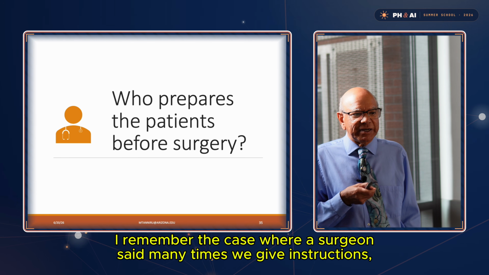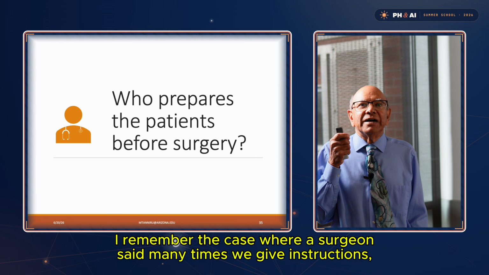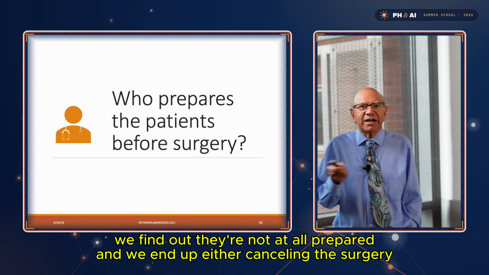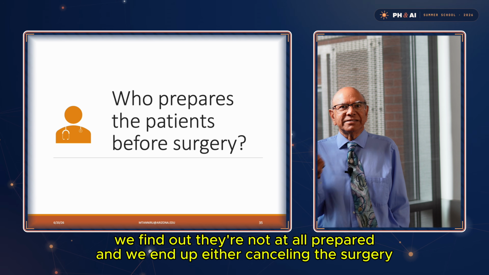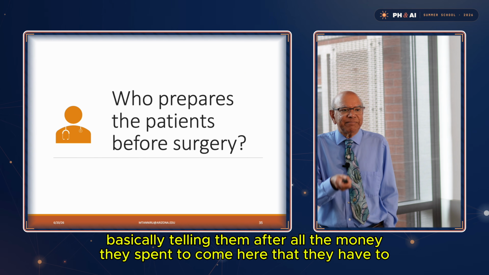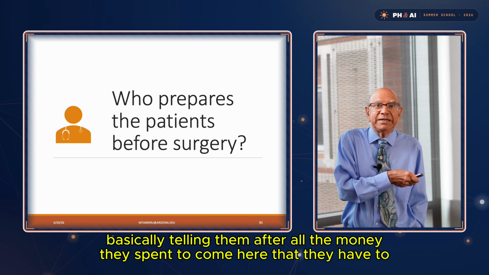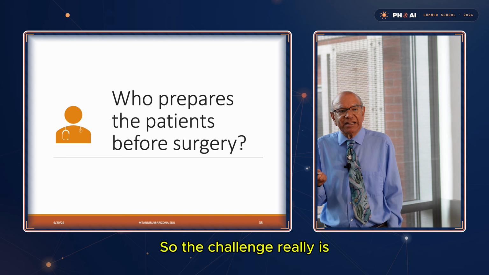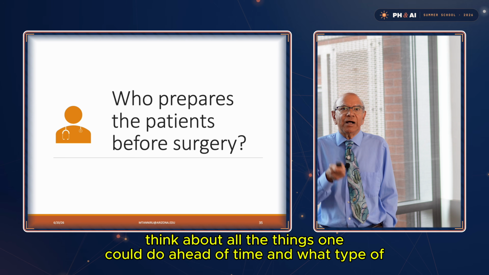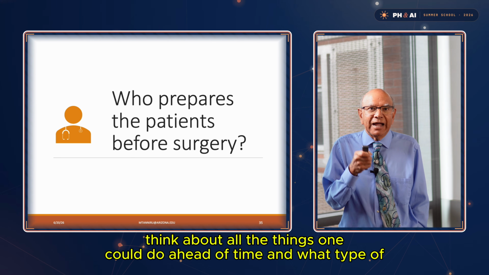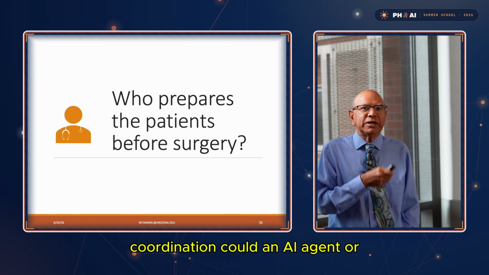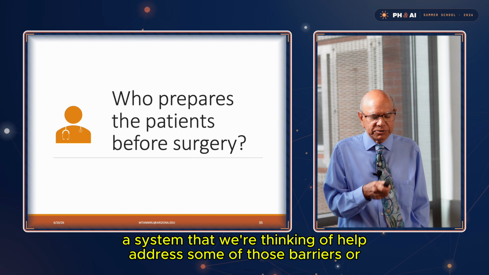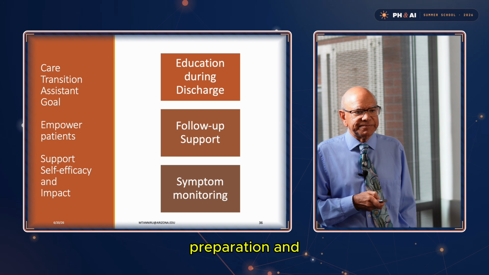I remember the case where a surgeon said, many times we give instructions, they come to the surgical room, we find out they are not at all prepared, and we end up either canceling the surgery or basically telling them, after all the money they spent to come here, that they have to reschedule at a different time. So the challenge really is, think about all the things one could do ahead of time and what type of coordination an AI agent or a system that we're thinking of could help address some of those barriers or preparations.